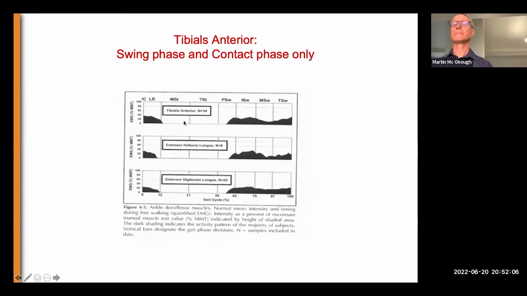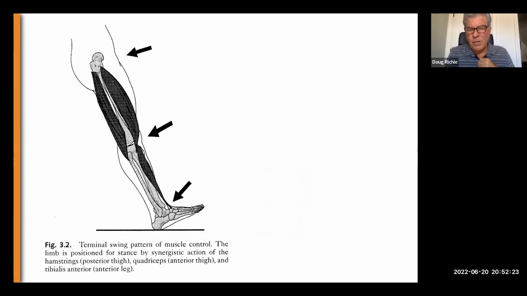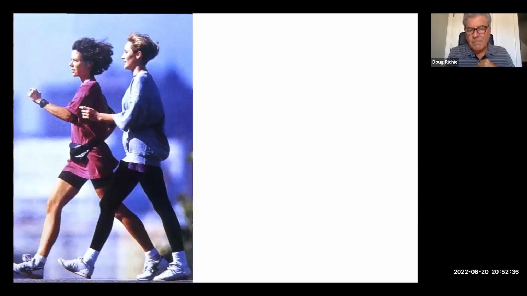And so the strain on the tibialis anterior really occurs during the eccentric loading during the contact phase, right after heel strike. And it's there that the maximal load is placed on the tibialis anterior, and it's there that the damage occurs. And so right at the moment of heel strike, the tibialis anterior fires to guide the foot to the ground, to decelerate the rapid plantar flexion of the ankle during the loading response.